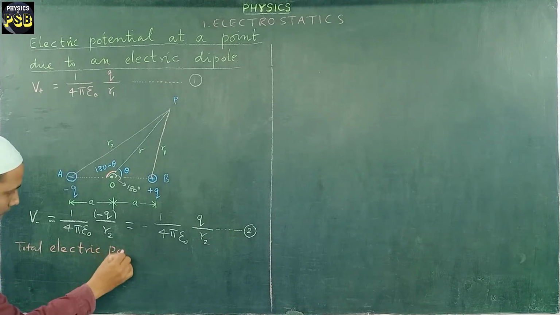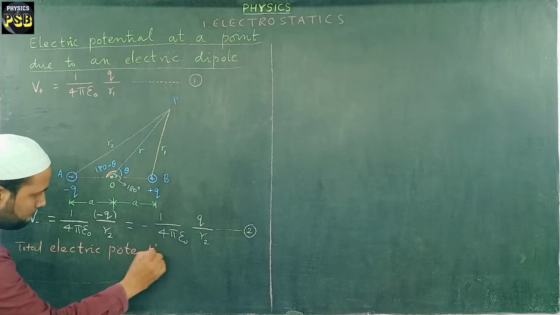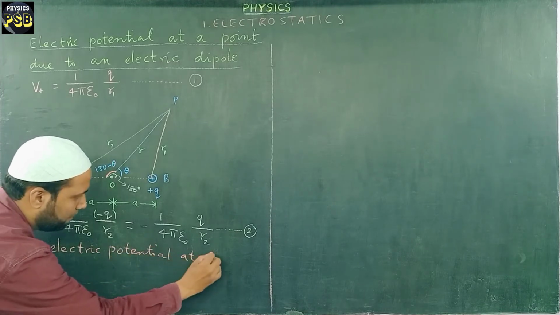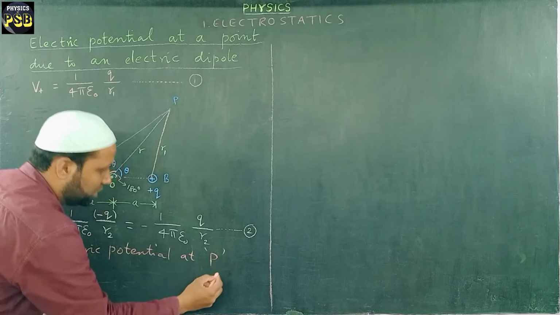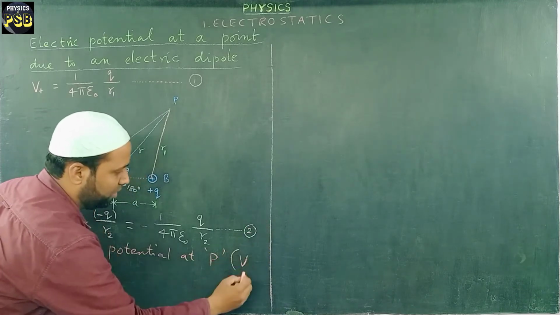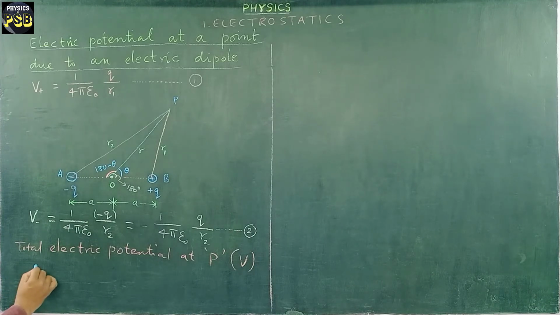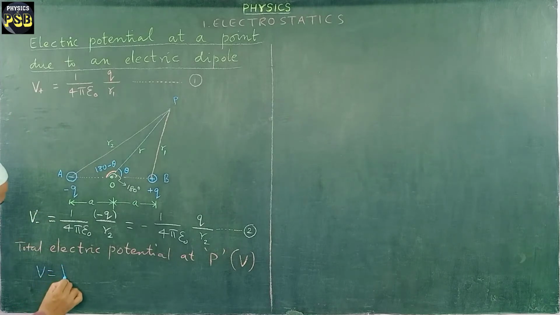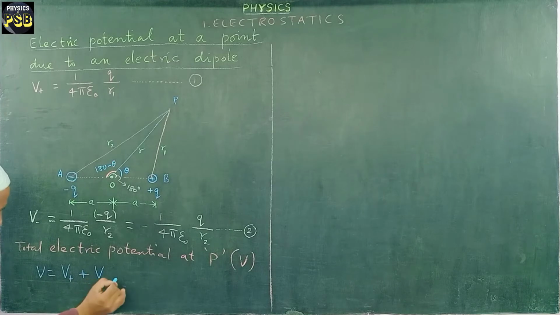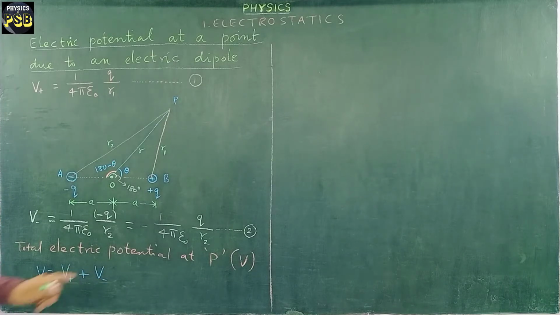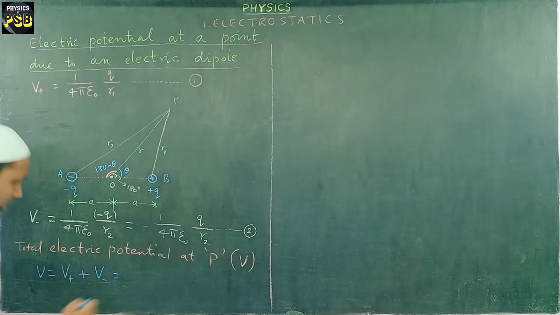Electric potential at P is given as V. So V equals the sum of these two, V plus added with V minus. We know the values of V plus and V minus. I substitute them here.